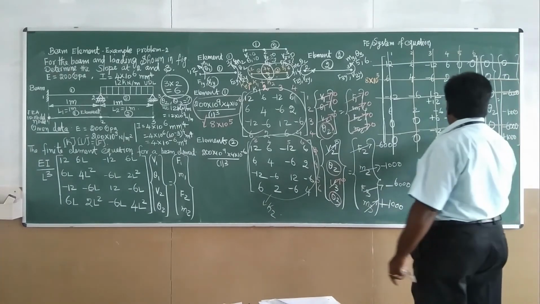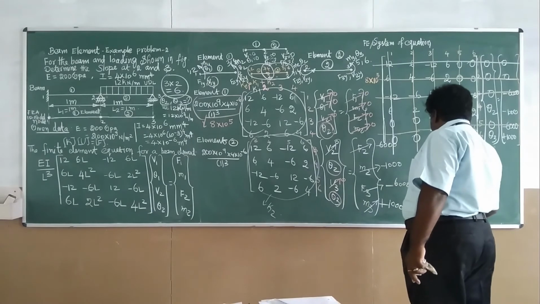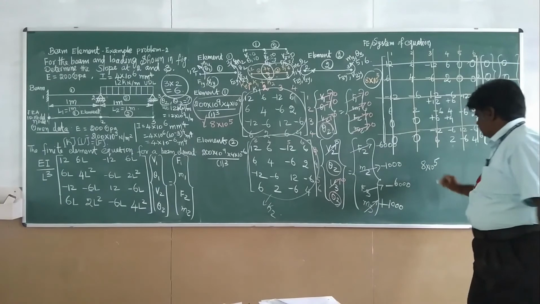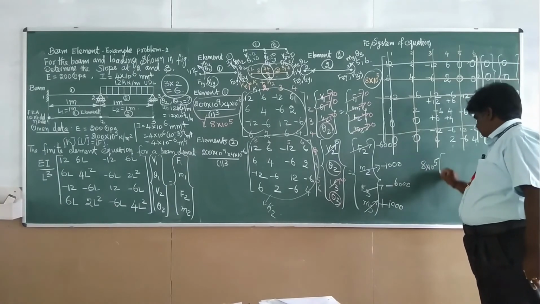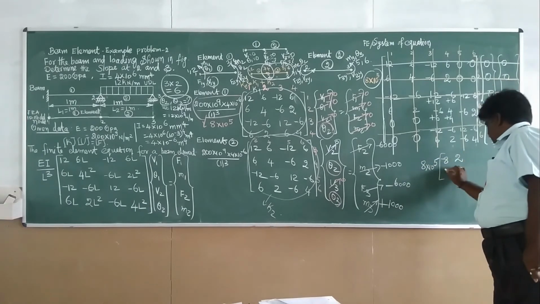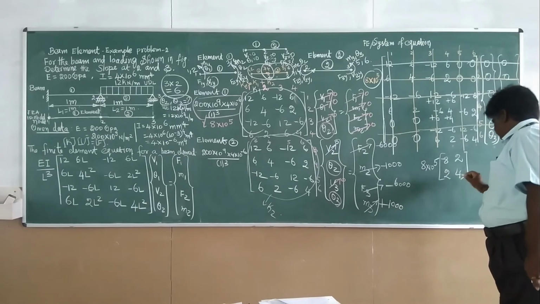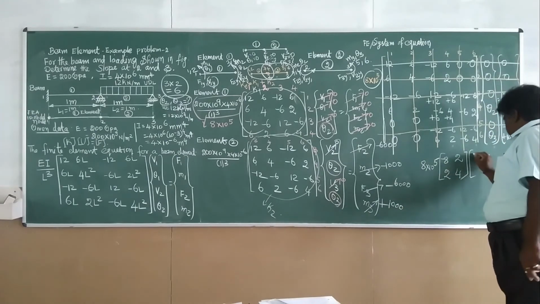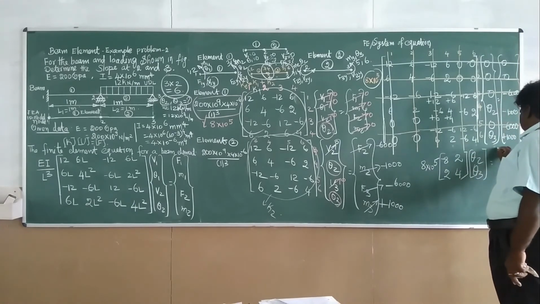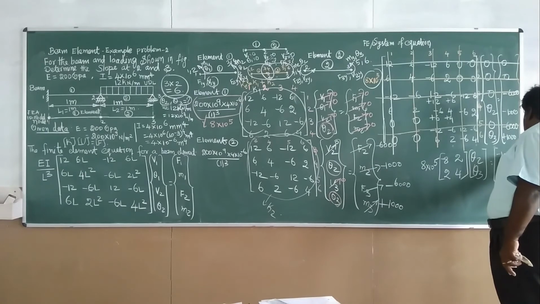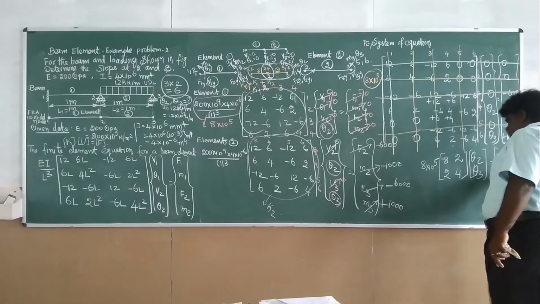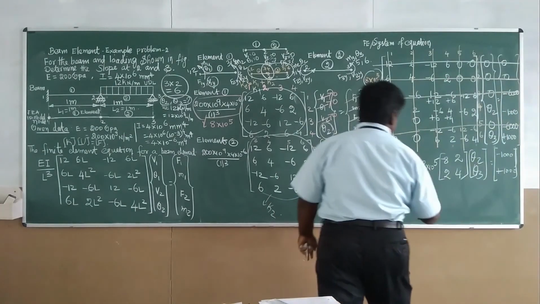So the reduced matrix is 8, the constant value is 8 into 10 power 5 into 8, 2, 2, 4, theta 2, theta 3, then minus 1000, plus 1000. So formulate the two equations.